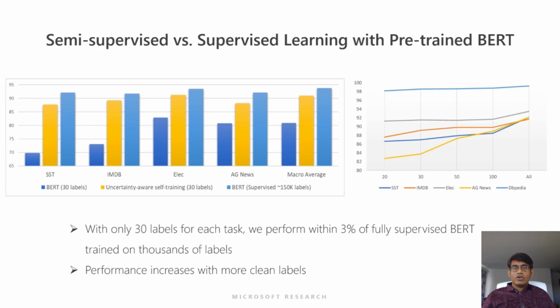Our framework for uncertainty-aware self-training, which is the bar in yellow, uses only 30 labeled samples for each class for each task and obtains performance pretty close to the fully supervised BERT setting. This demonstrates the impact of unlabeled data and sample selection for self-training and few-shot learning. Finally, as we increase the amount of labeled samples for each task, the performance of the model also improves gradually.